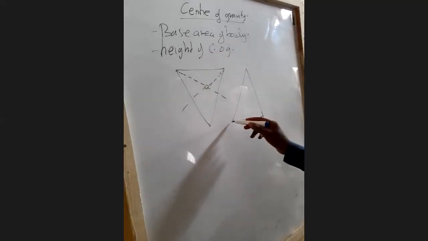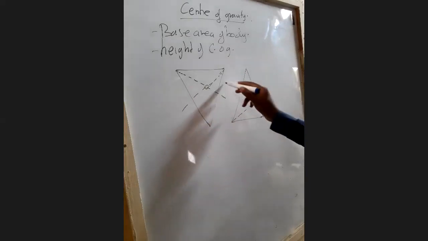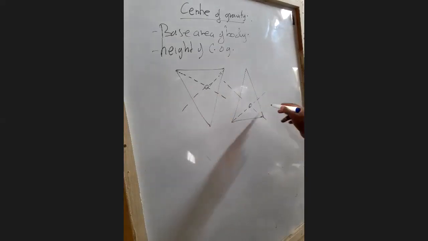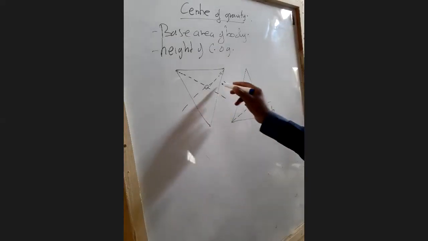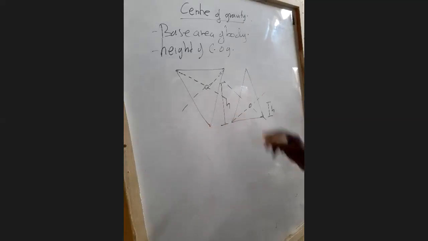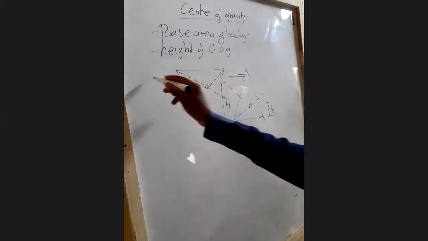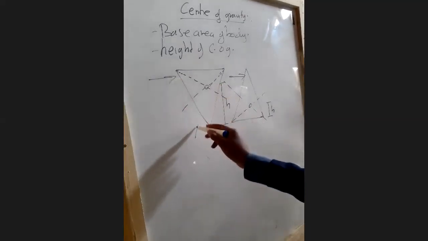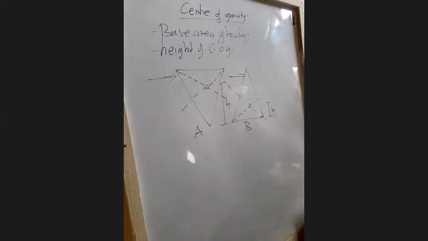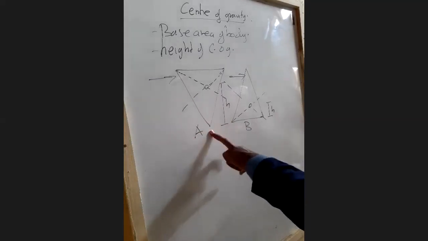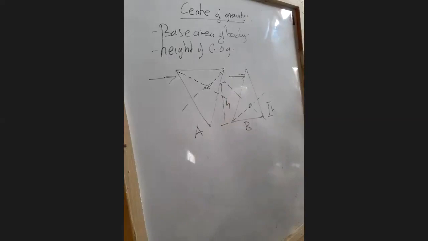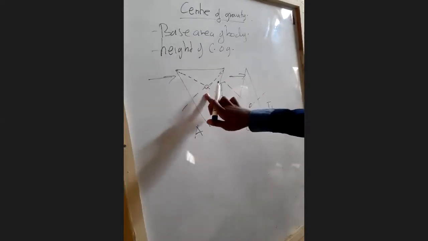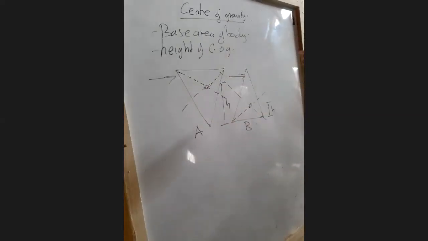If I do the same for this one, you will find your COG is there. This is the height of the COG, and this is the height of the COG. Now if you exert a force here and here, most likely A is going to fall, but B will not. There's a high chance that B is more stable than A. A will fall because the COG is so high, so the weight is so much above.